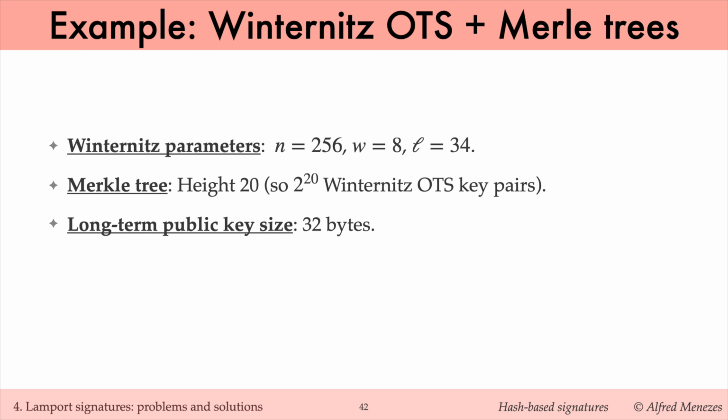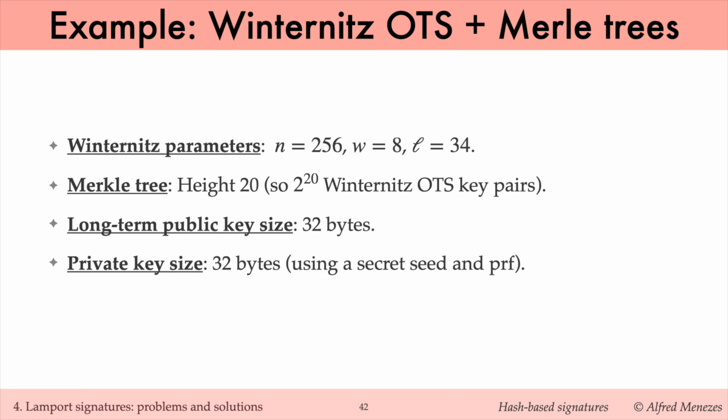The long-term public key consists of a single hash value, so it's 256 bits or 32 bytes long. The private key is also 32 bytes long, since the individual Winternitz private keys for all 1 million key pairs can be generated when needed from a 256-bit secret seed and suitable counters.